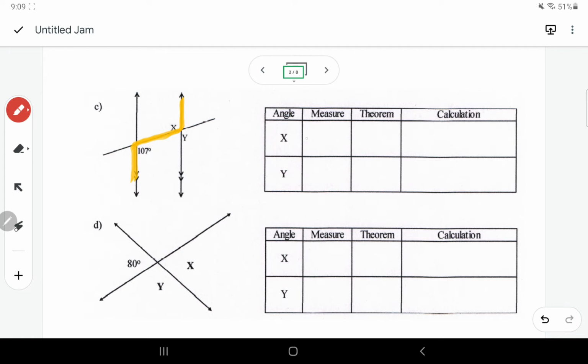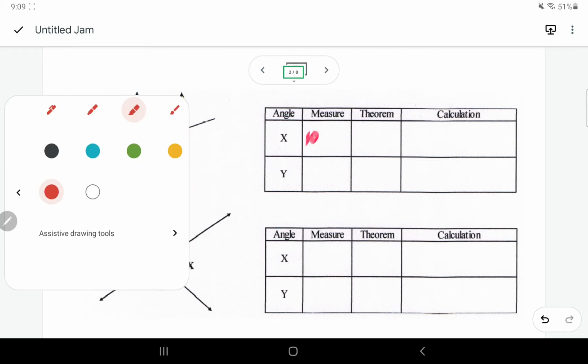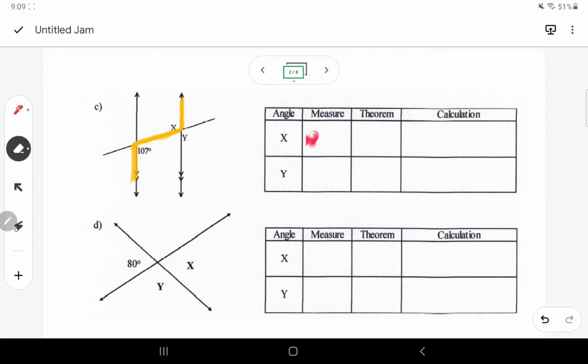So I would say that X is 107. A pen, not a highlighter. So X is 107 degrees, and this is alternating. That's also sometimes called the Z pattern. And I don't have any calculations to show because that's just equal to each other.